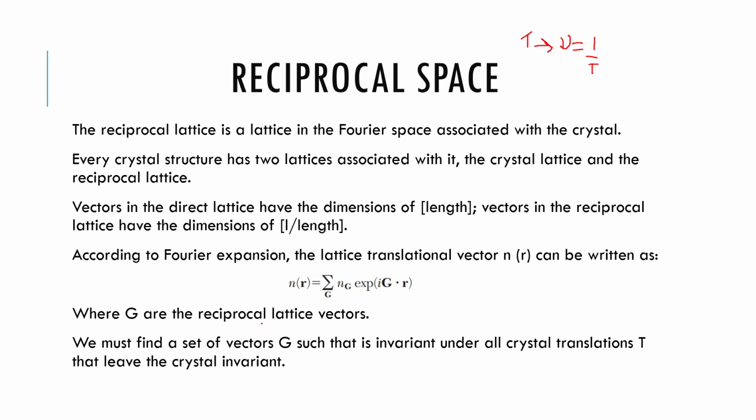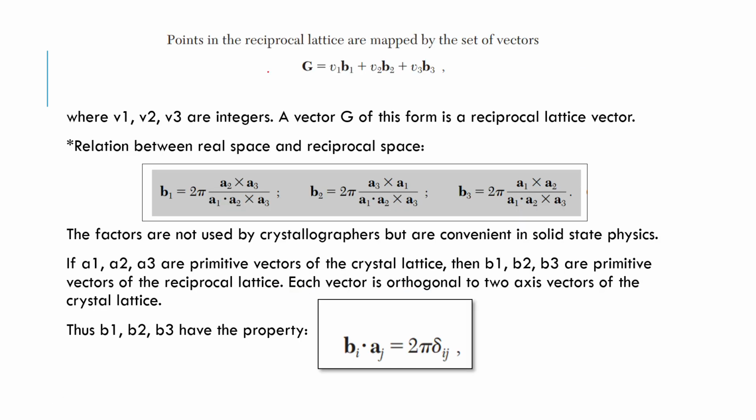The points in the reciprocal lattice are mapped by the set of vectors, that is the G vector. The G vector is given by v1 b1 plus v2 b2 plus v3 b3, where v1, v2, v3 are integers. These integers are nothing but the Miller indices, and we are going to see what Miller indices are in the coming slides.